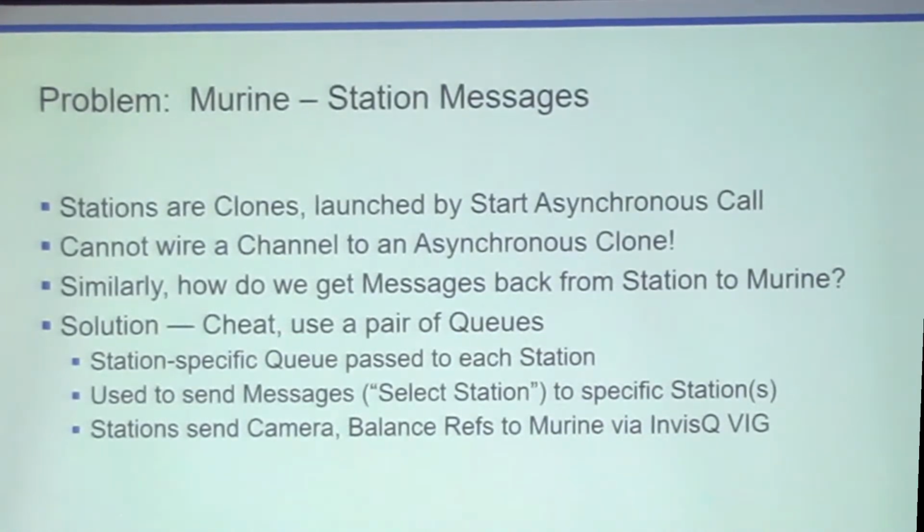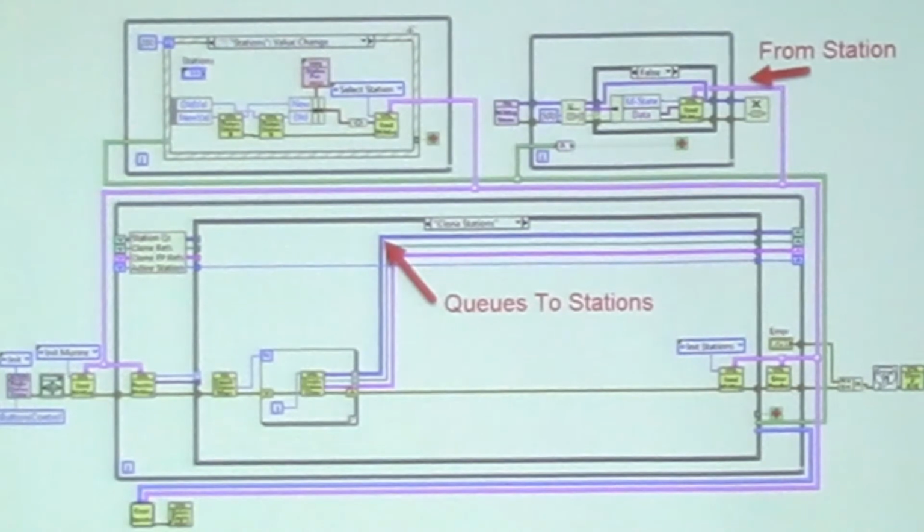Now, why didn't you see that? Because I cheated. I didn't show it to you. So this is really Murine's block diagram. There's one extra piece here. This is the InvisiQ. There it is. It's being dequeued. This is the Murine message queue that the camera and the balance and the camera references are being put on by the station.